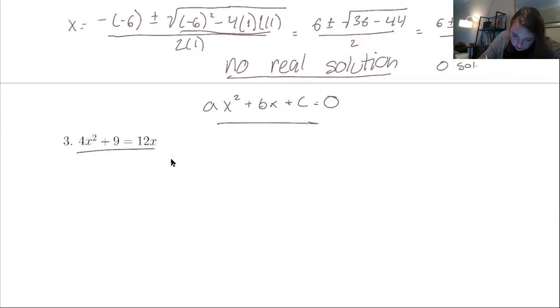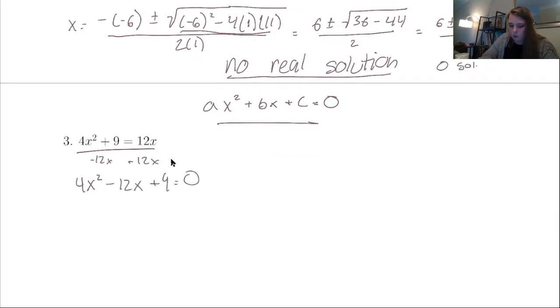Because I need it to equal 0, and probably it would help me to move things into their proper places. So I'm going to subtract 12x from both sides. No, not A. 4x squared minus 12x plus 9 equal to 0.